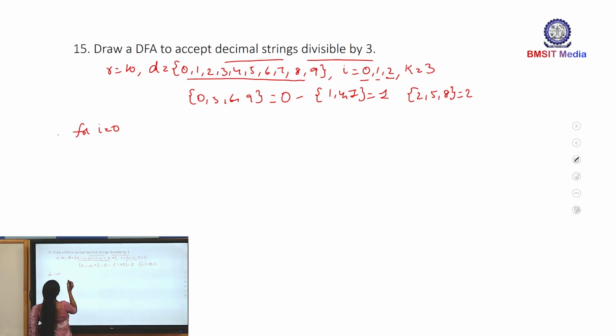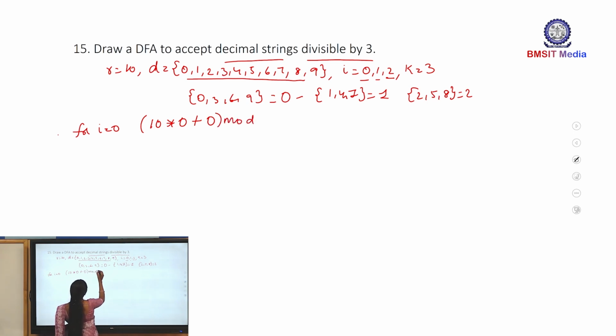Starting with i equal to 0, with the same formula, I'll be using R times the value of i, which is 0, plus the digit that I'm using, mod the divisor 3. The first transition is on seeing a 0. The second transition would be 10 times 0 plus 1, on seeing a 1, mod 3.